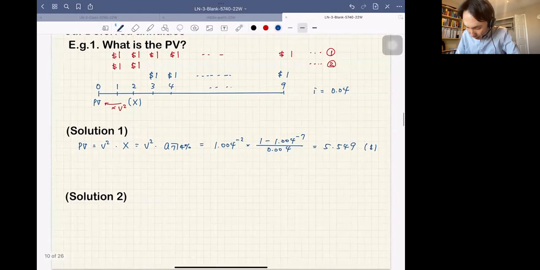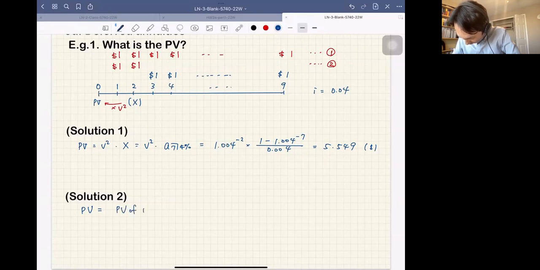So the second solution is the PV is the present value of 1 minus present value of 2.